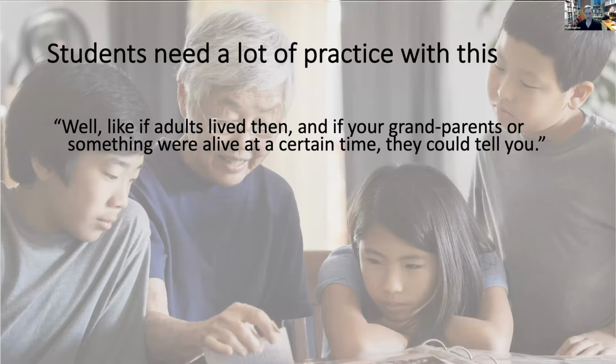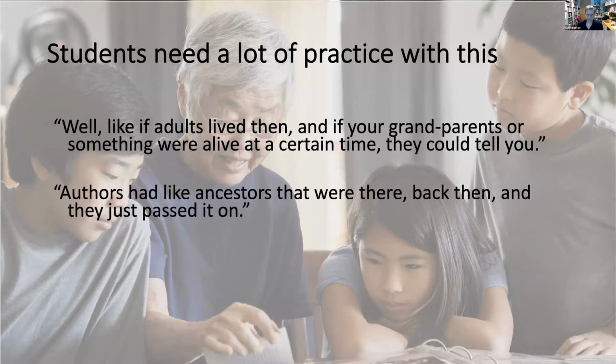So for example, I've asked students, what about people who write books about history? How do they know what happened a long time ago? Well, authors had ancestors that were there back then, and they just passed it on. So students think that if somebody writes a book about the American Revolution, they know about it because the information's been passed down through their families.